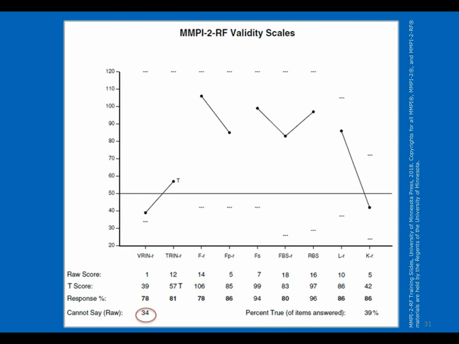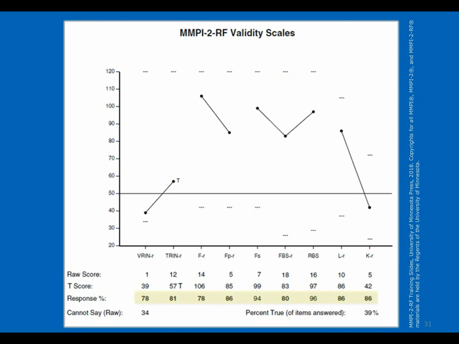And what we'll need to do next is examine the response percentages for the scales to see if they were impacted by non-responding. And in the interpretive manual, any scales that have less than 90% response percentage should be interpreted with caution due to non-responding.